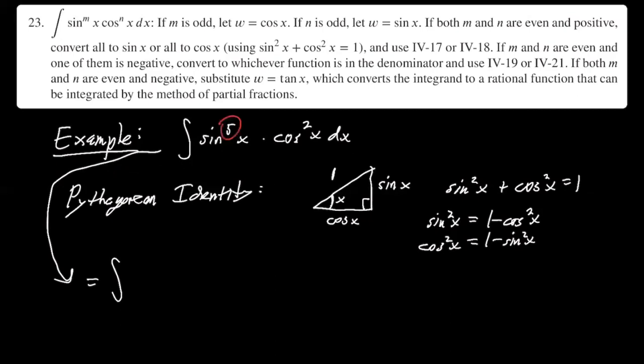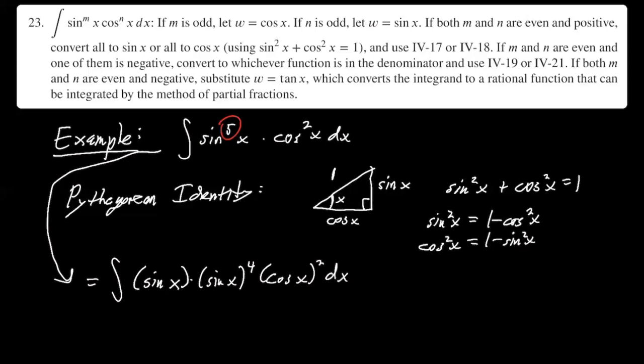If we factor one of the sines out, maybe I'll write everything in terms of powers, like put it in parentheses. So this is sine x times sine x to the fourth times cosine x squared dx.